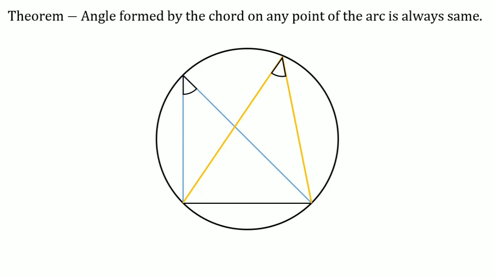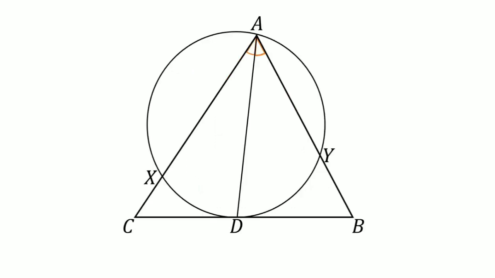Now here is a figure. First join points X and D, then points D and Y, and then points X and Y. Now if we consider chord XD, then angle XYD is equal to angle XAD. Similarly, if we consider DY as a common chord, then angle DXY is equal to angle DAY.